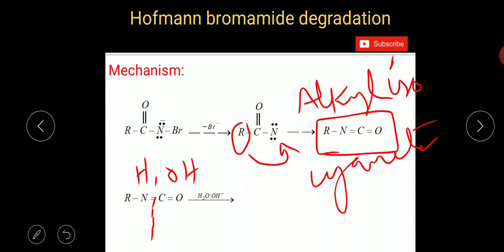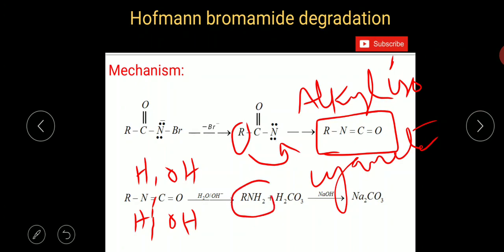And it happens 2 times. Two hydrogens will be bonded to nitrogen and 2 OH groups will be bonded to carbon. So you will get a primary amine and carbonic acid. This carbonic acid, when again reacts with an alkali like NaOH or KOH, will give you carbonate. So overall we got primary amine and a carbonate.